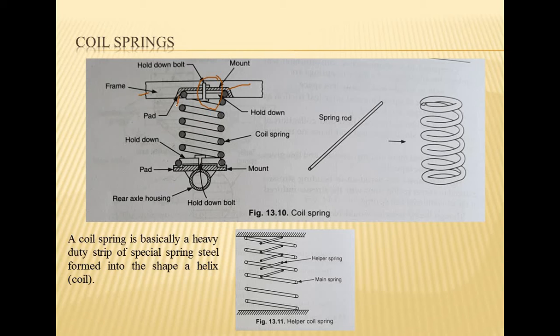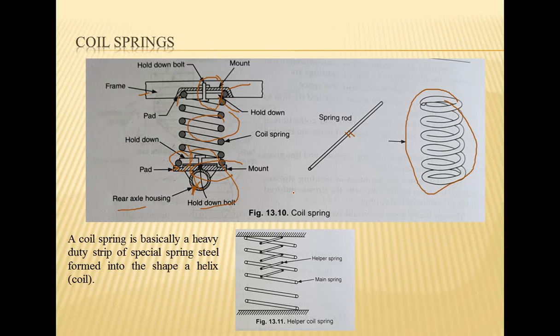This is the pad, and this is the hold down bolt, shown from the bottom side. This is a coil spring, this is again hold down, this is a mount, and this is the pad. This is the rear axle housing, and this is the hold down bolt here. So this is the coil, and this is the spring rod.